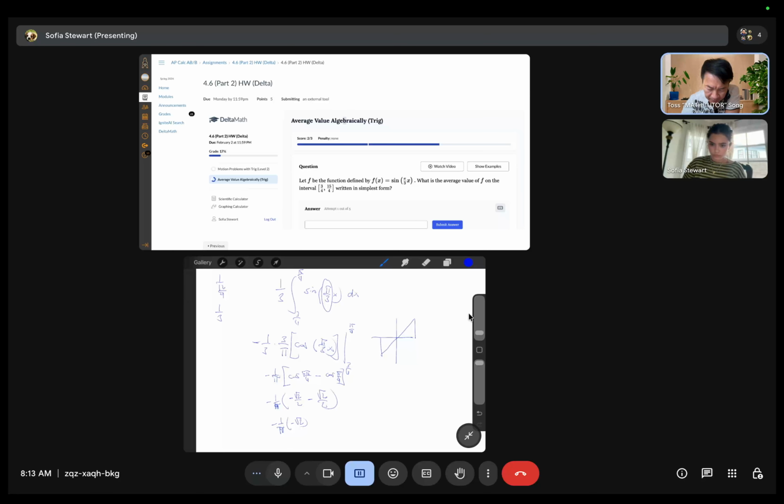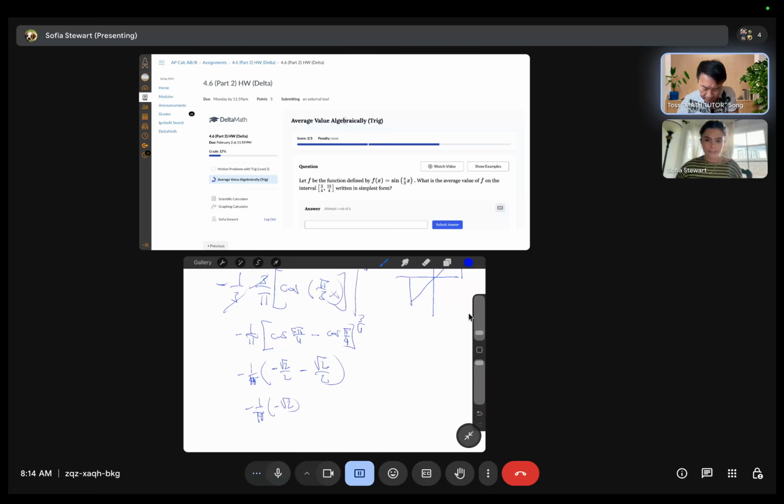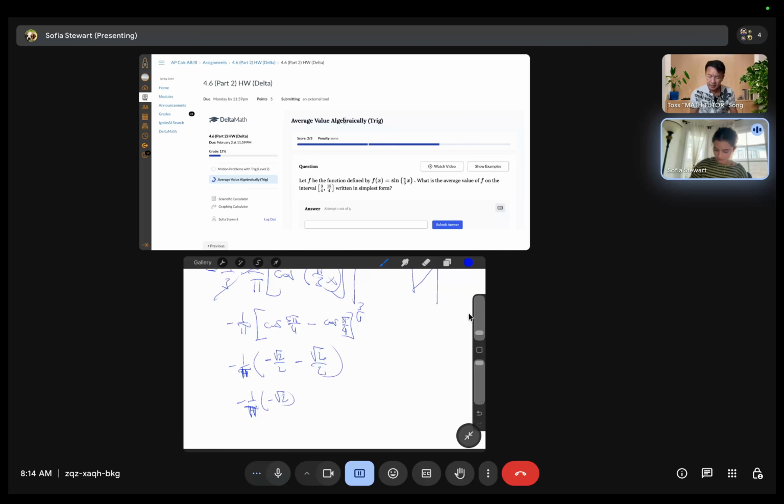Therefore, it's 3 over pi. So isn't that just negative 1 over pi? Yeah, so it's negative 1 over pi. So in the end, it should be rad 2 over pi, right? Positive rad 2 over pi.